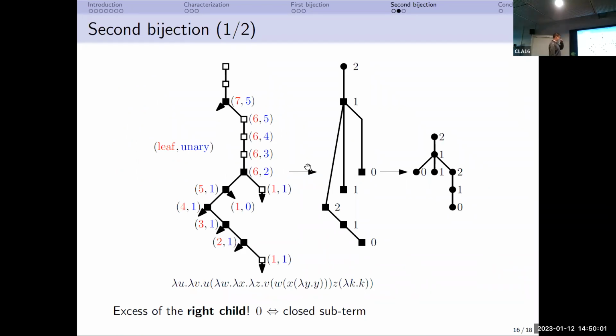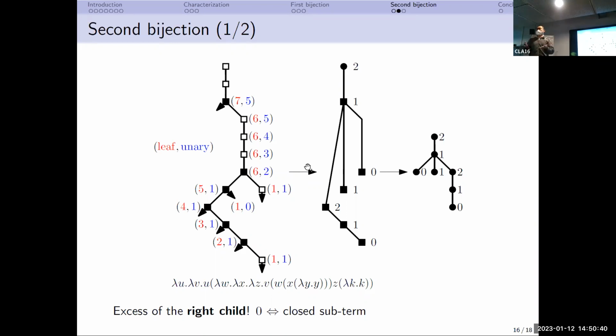At least for the tree part, it's exactly the same. But for the labels, what we are going to get is that each node is labeled by the excess of its right child. And in this case, if we want to count the number of free variables in this whole term, it would be the maximum possible. It would be the free variables here, here, and here, which is simply the labels of its children, plus 1 for this one.